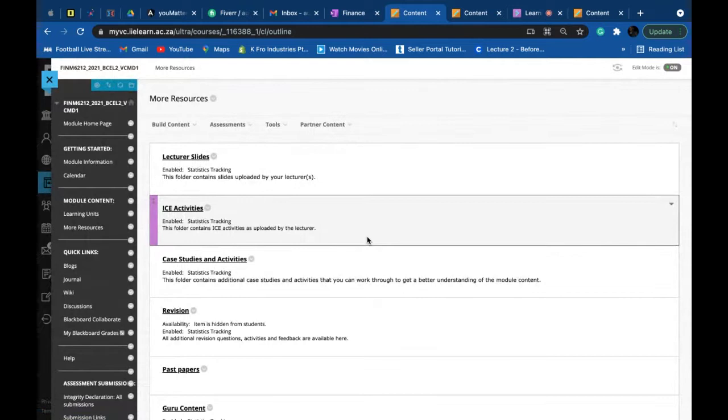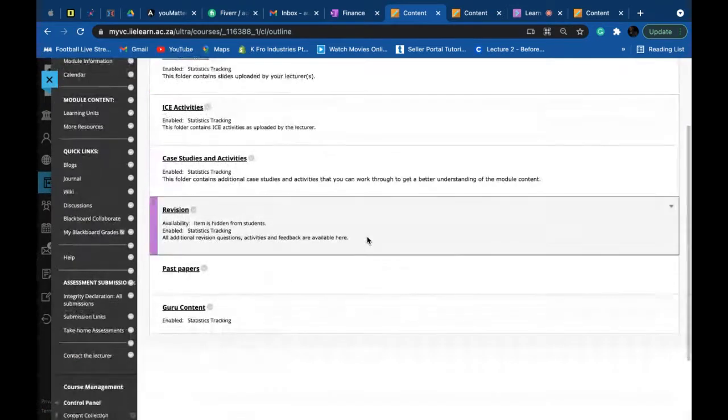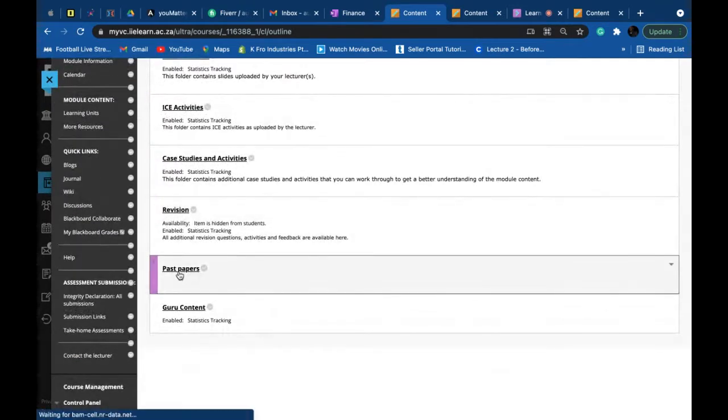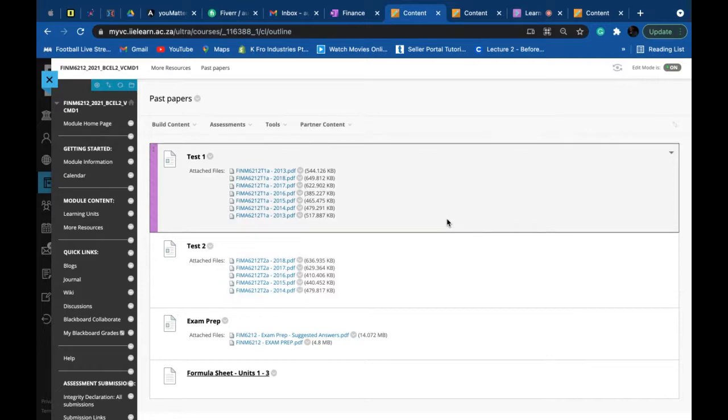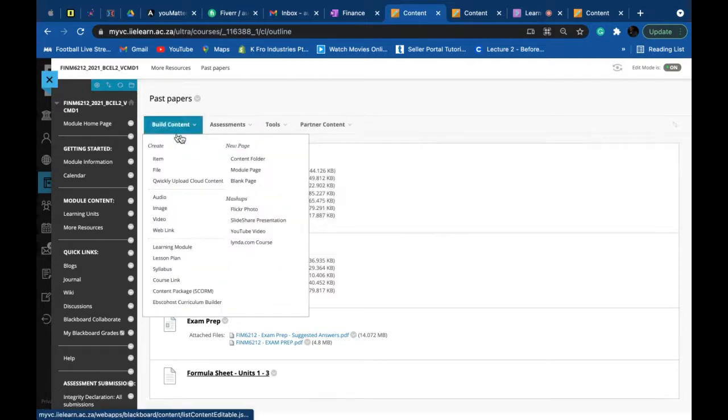So I also want to just show you this before I get into it. You've got past paper revision there. There you've got all your past papers up until 2018. Okay, so you could probably get the rest of them in your library, but at least those are there.